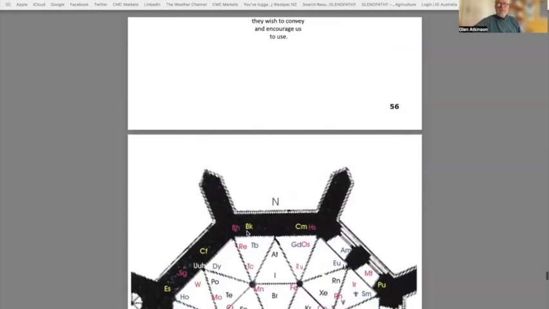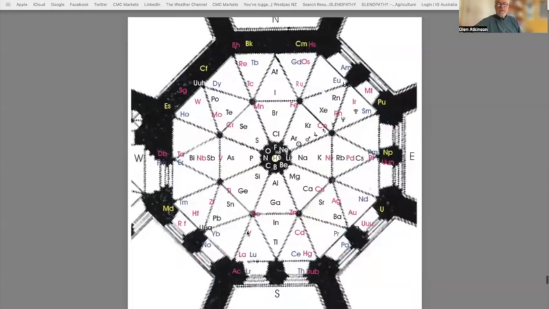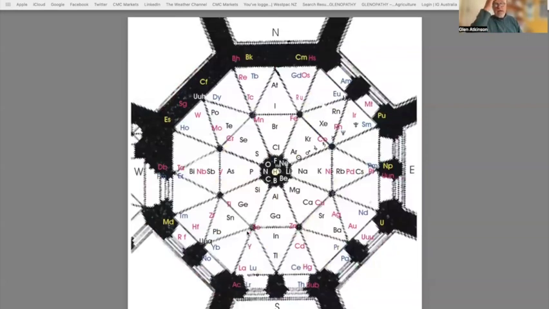Another one of these forms that was created by the Knights Templar is the octagon-shaped chapter houses, and there's 4 or 5 of them in England. One is Westminster Cathedral, another is Salisbury Cathedral, and there's 2 others.